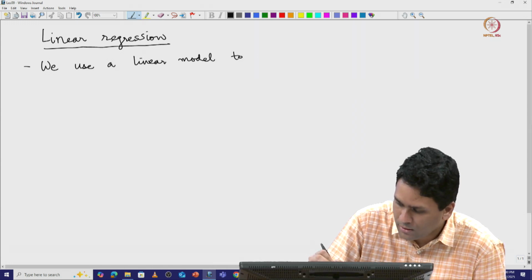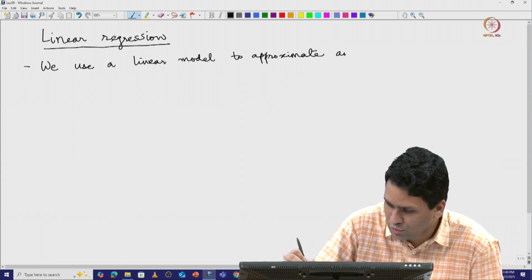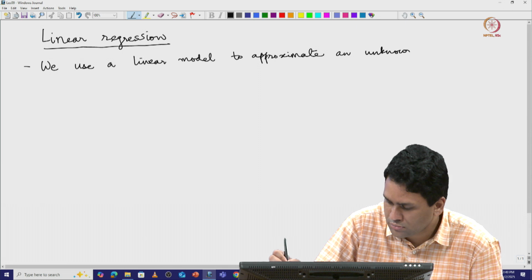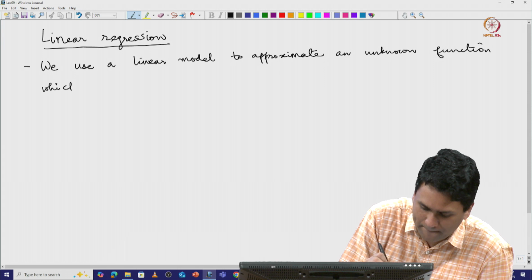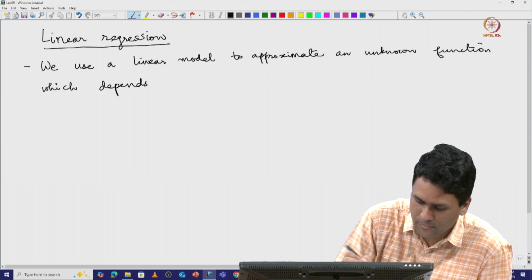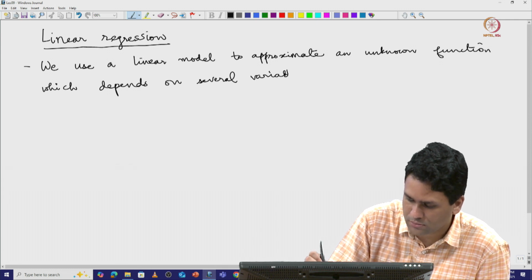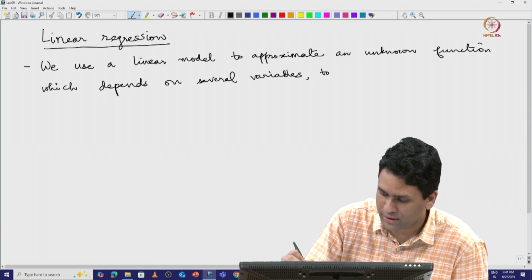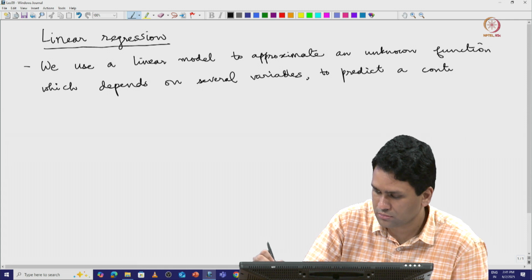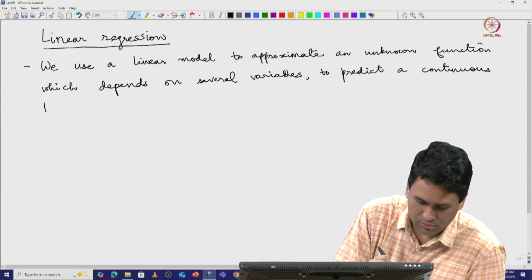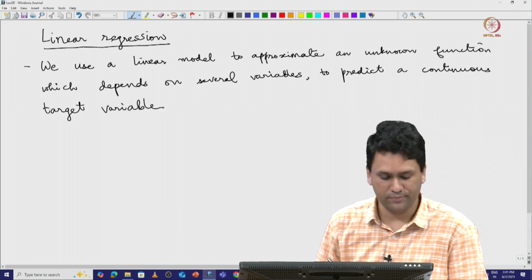to approximate an unknown function which depends on several variables, right, to predict a continuous target variable, right.